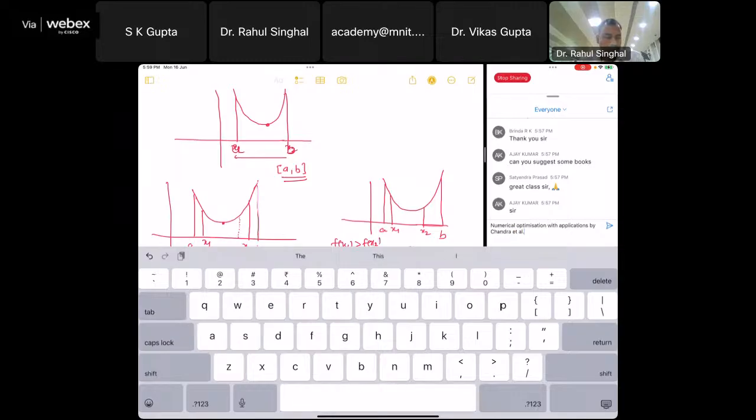There are basically three authors in this book: Chandra, Jayadeva, and Mehra. This is a good book, right?